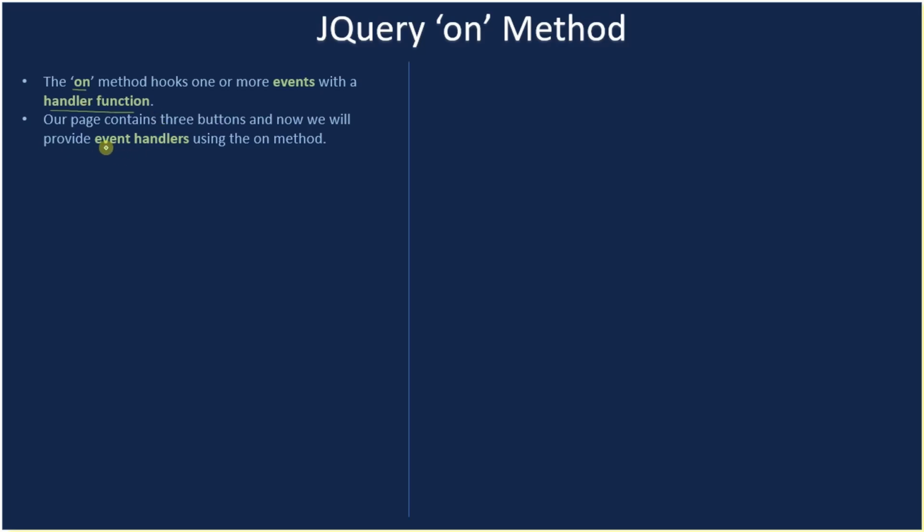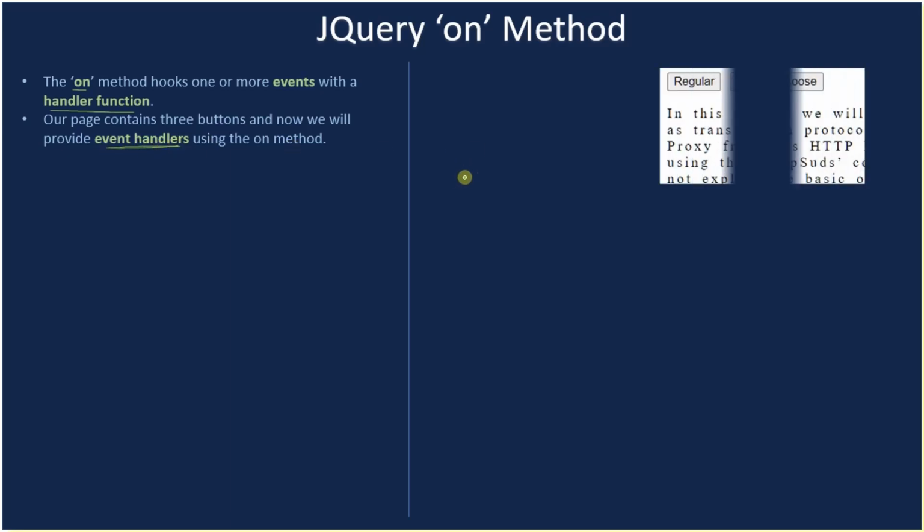The event handler will be in the JavaScript code. So this is what we are talking about. We have 3 buttons, right? And we can hook the click event with a specific handler function.